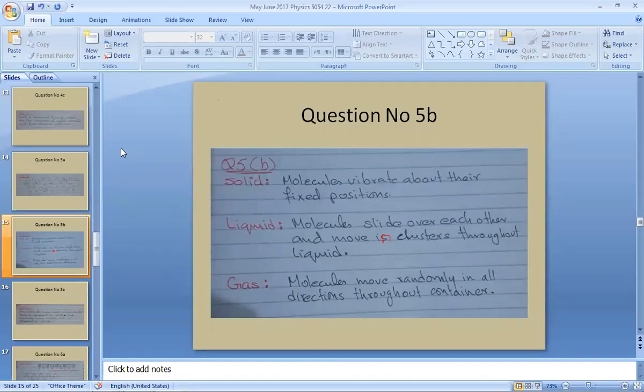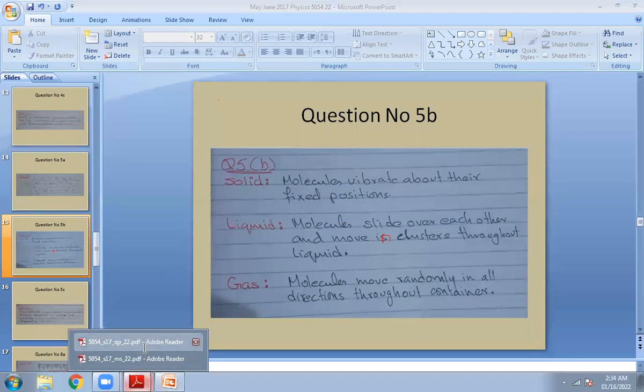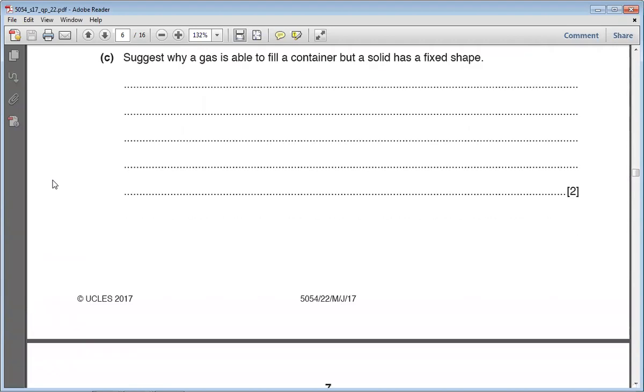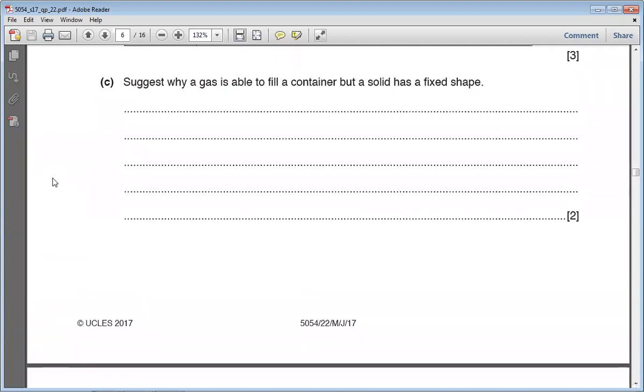So that was question number 5 and B part, and then we have question number 5 and C part. It says, suggest why a gas is able to fill a container, but a solid has a fixed shape. The gas molecules have large intermolecular spaces. The intermolecular forces are negligible, and they are moving randomly at very high speed.